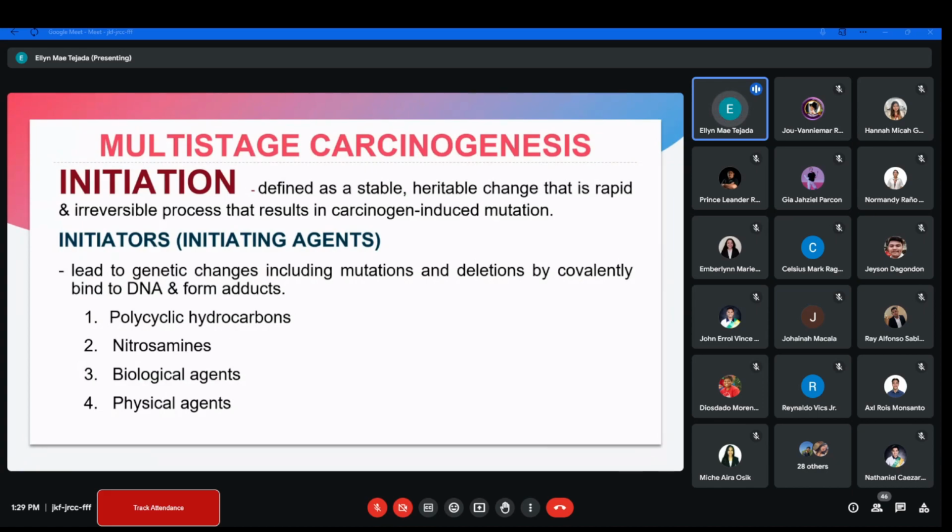Now, most chemical initiators or initiating agents are indirect acting genotoxic compounds, meaning they do not directly or immediately affect the DNA to cause damage.